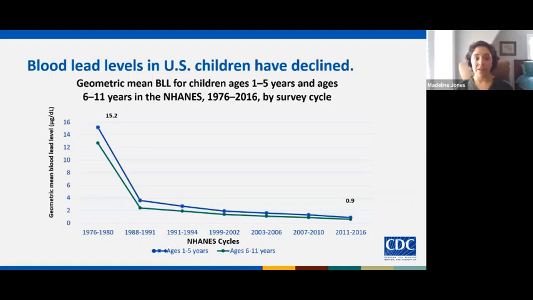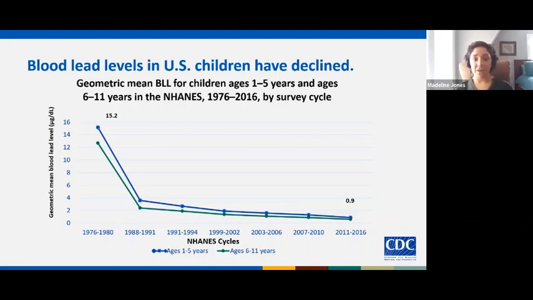So now we are going to transition to talk about some current trends in childhood lead exposure. As you can see on this graph, blood lead levels in the US have declined over the past few decades. The data on this graph is actually from a publication that was co-authored by one of our colleagues at CDC. In this publication, they analyzed NHANES blood lead level data from 1976 to 2016.